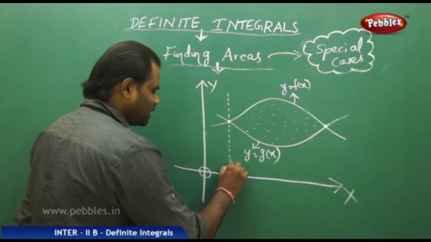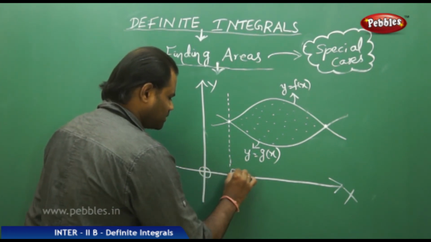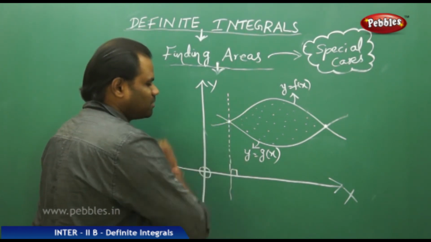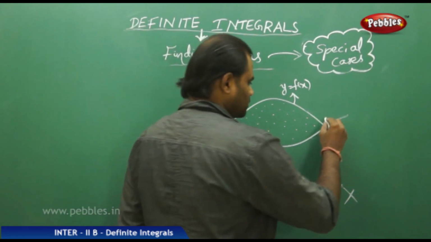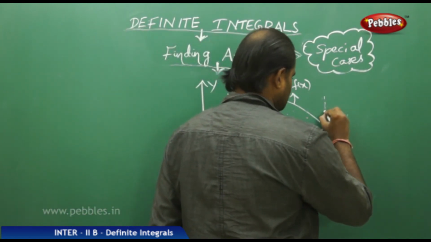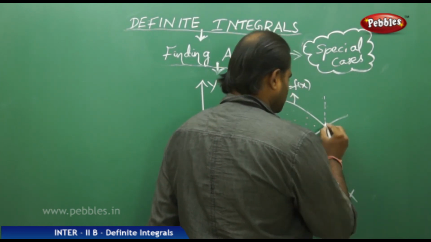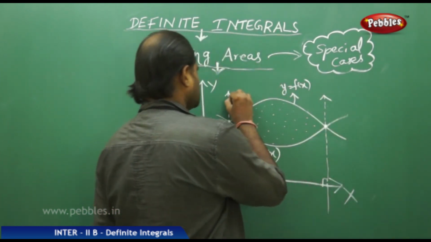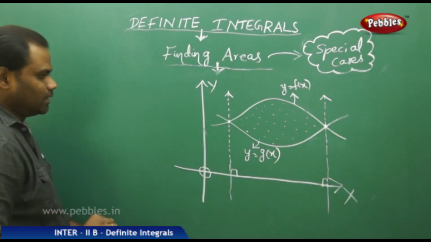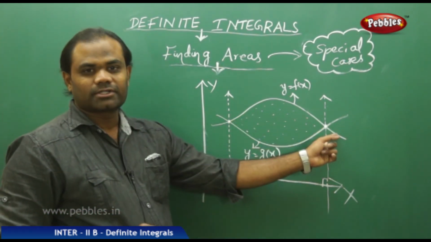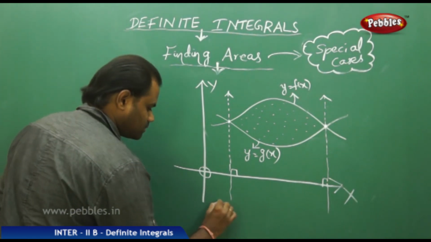So as I draw a line perpendicular to the x-axis passing through this point of intersection, and another line passing through this point of intersection, then the x coordinate of the point of intersection will be the limit.